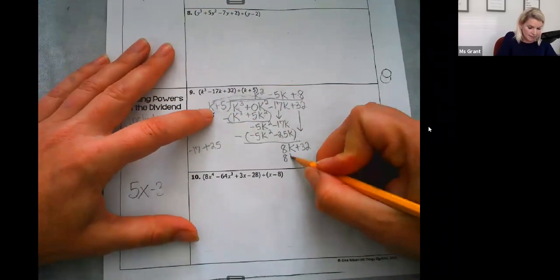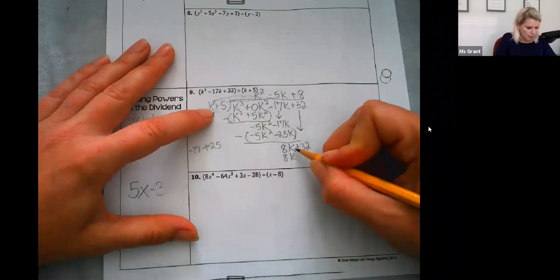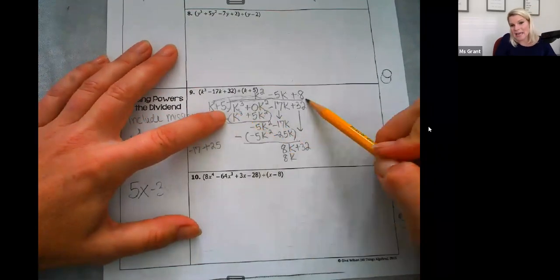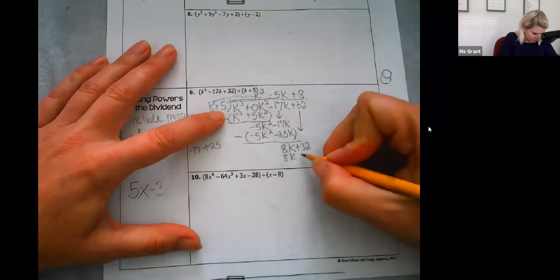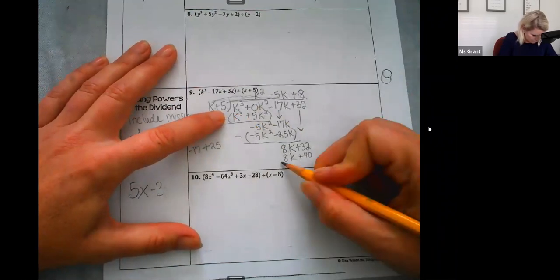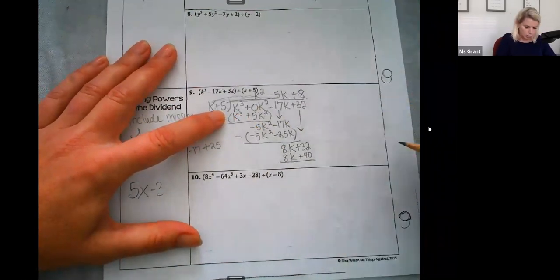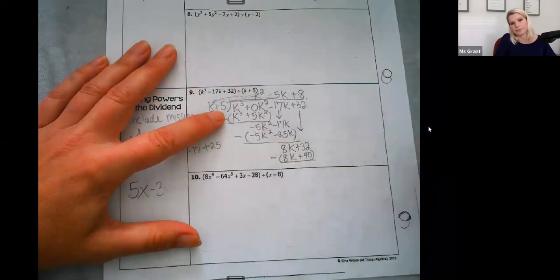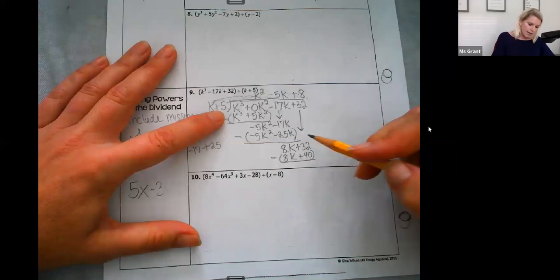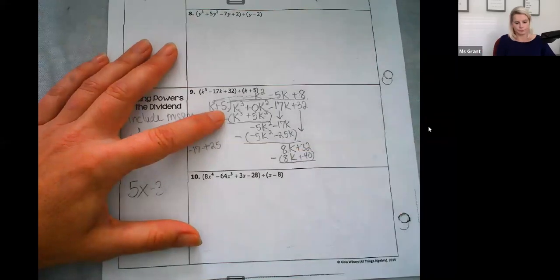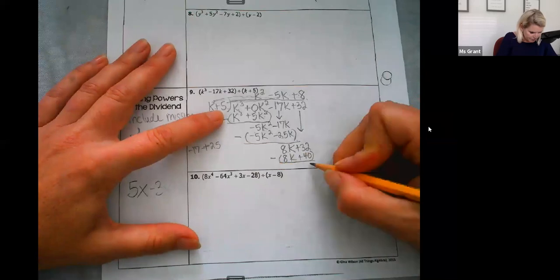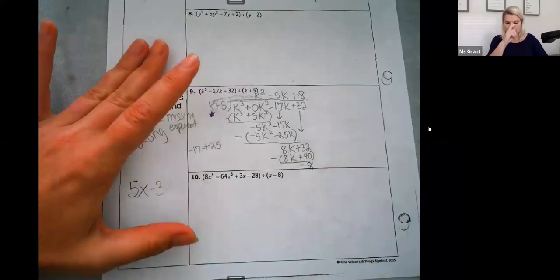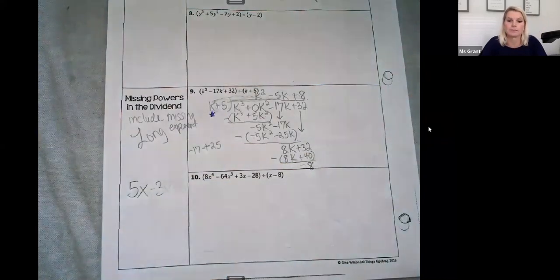I want it to be the same number because they make 0, remember? 5 times 8 is 40. Subtract. 8k minus 8k, and 32 minus 40 is negative 8. Negative 8 is my remainder.